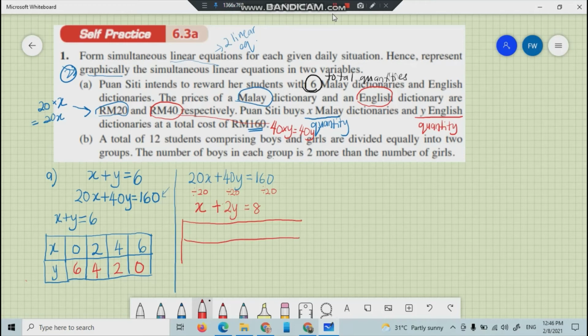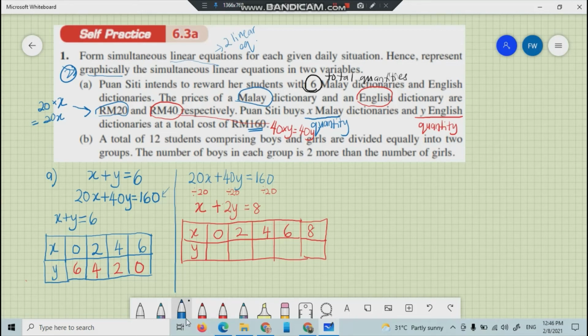We need 2 rows where we have x and y, and we can substitute 4 different values. I will need to add another one.